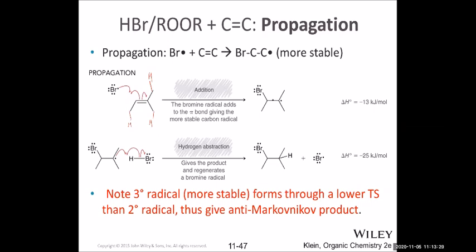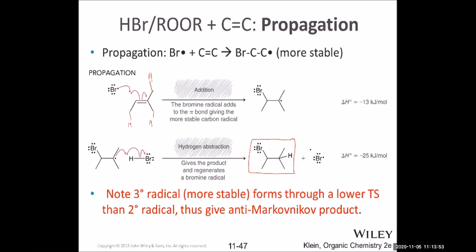In the propagation reaction, eventually we need to regenerate the bromine atom. To do that, it needs to react with the reagent, HBr, the reactant. Through hydrogen abstraction, you recover the bromine atom. Meanwhile, we get this as our product.